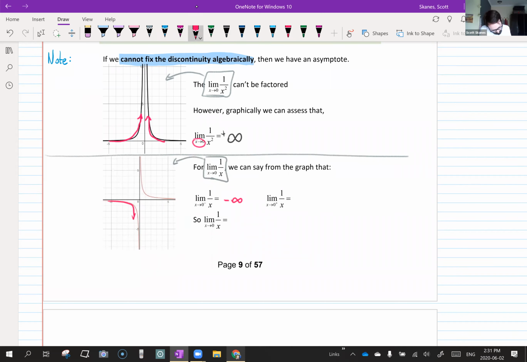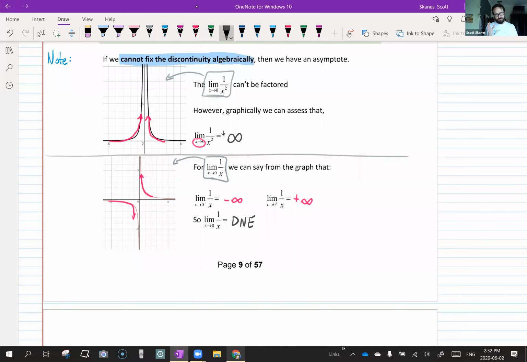From the right, it's going to positive infinity. And so the limit in this case does not exist. Okay, just in case it comes up, I wanted to mention that. It kind of comes in a random part, but I guess there's no good place to put it. It's just saying if you can't factor it, maybe there's something else sneaky going on.